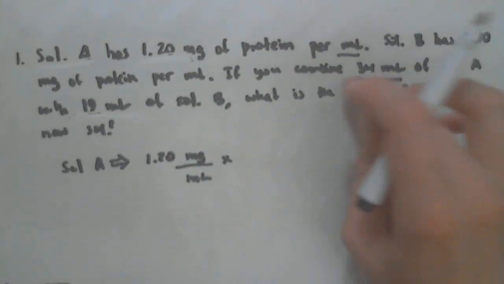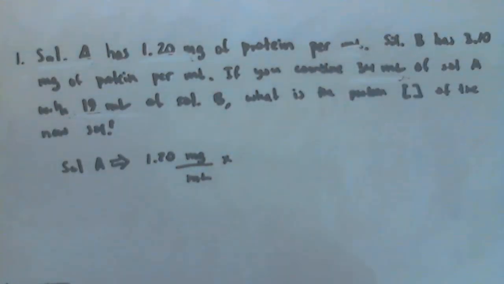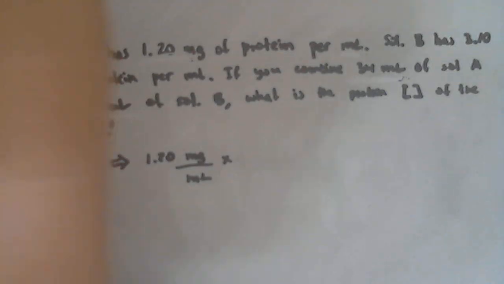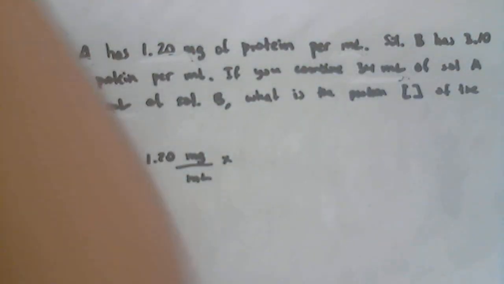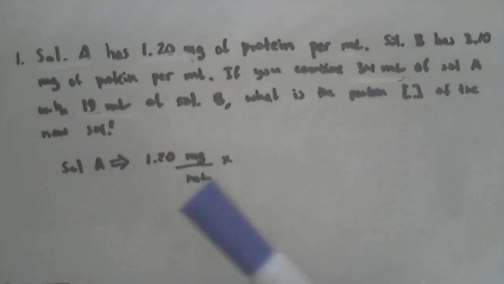Actually, I can use different colors to outline this problem. It's going to probably make things a little easier. Let me use red for one of them, and let me use blue for the other.